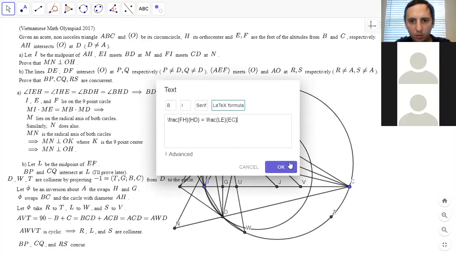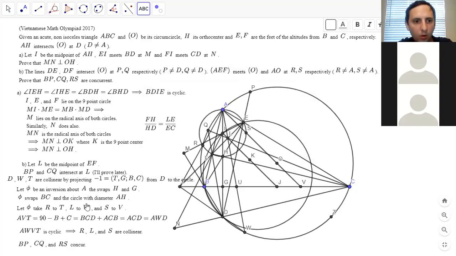Okay, but we have that triangle FHG is similar to FEC.